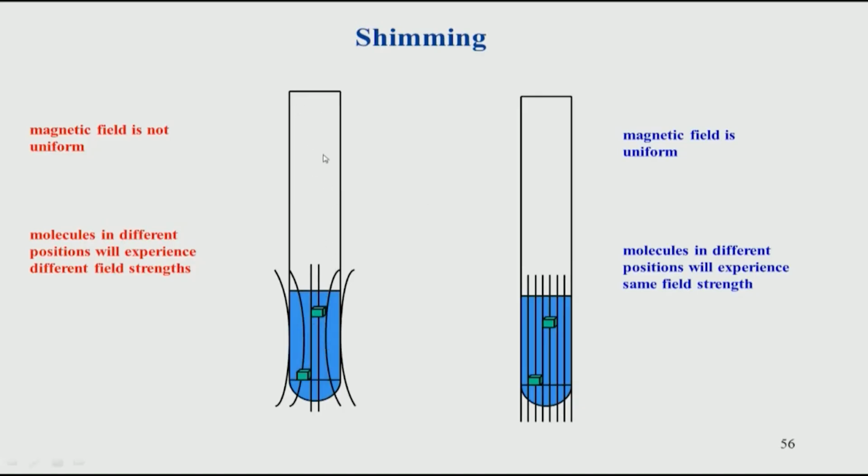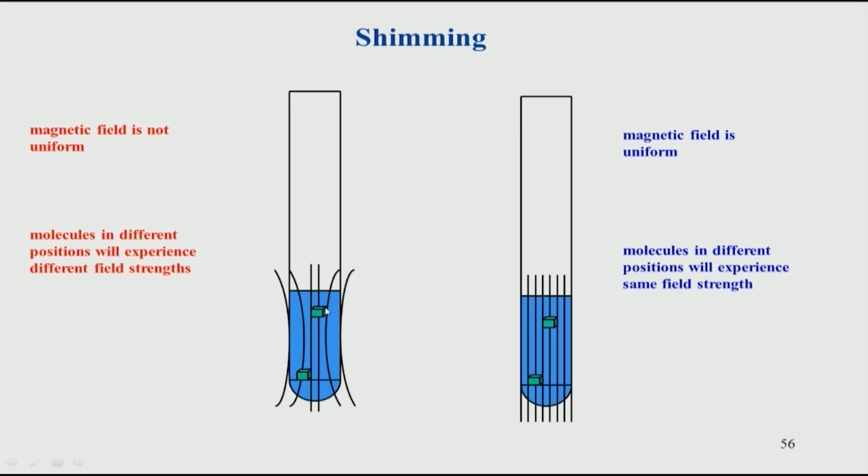You have, again, a schematic of a sample which goes and sits in the center of the magnet, and this whole sample is now surrounded by the magnetic field. Remember, the magnetic field is throughout and it is in the z direction, but you can see in this picture, let us say this sample contains some molecules, and one molecule sitting at the bottom of the tube experiences a magnetic field which is not the same as that experienced by a molecule here.